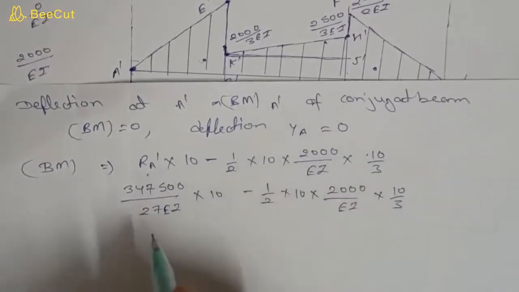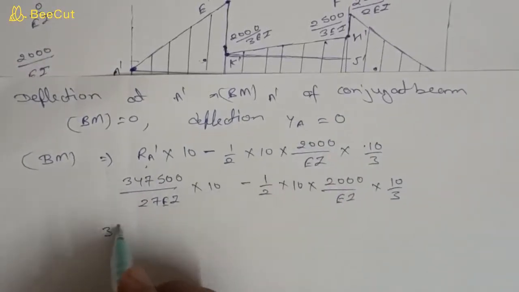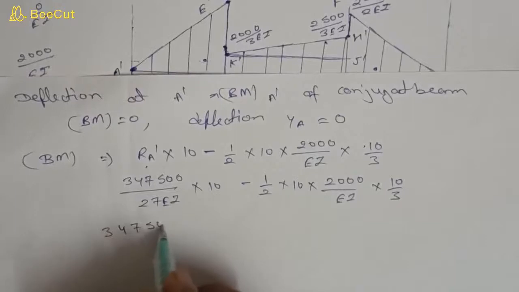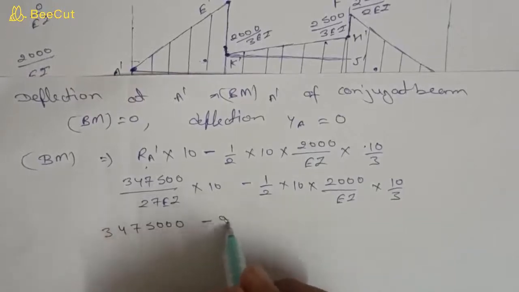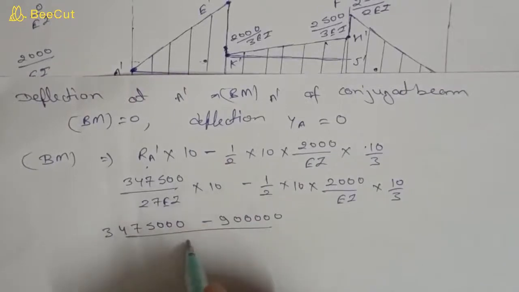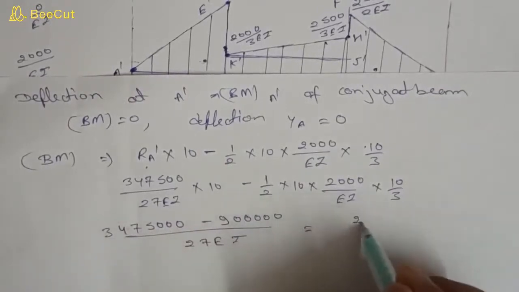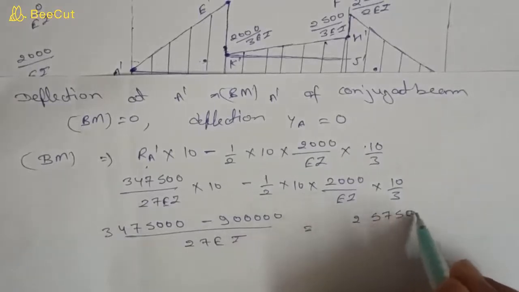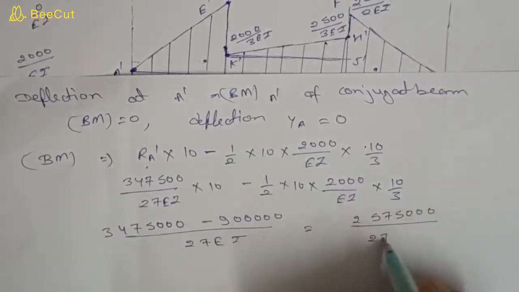So you will get 3475000 minus 90000 divided by 27 EI. So it will become 2575000 upon 27 EI.